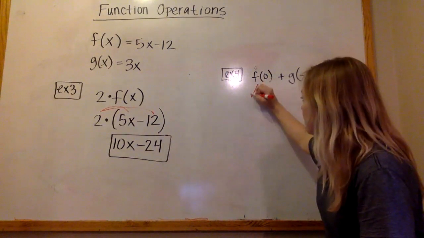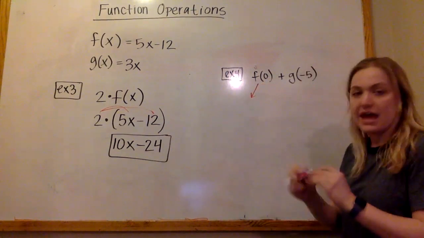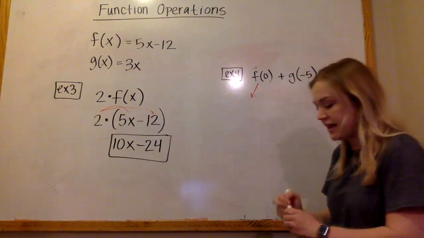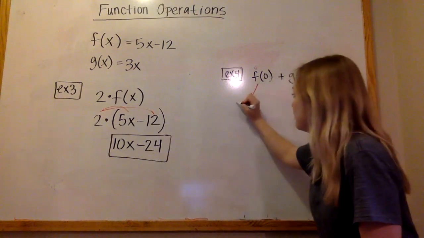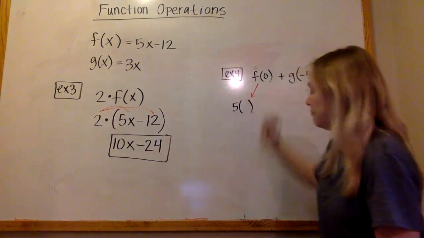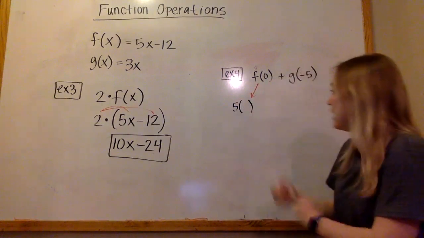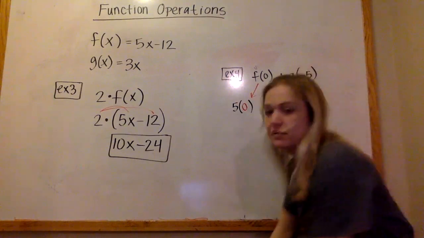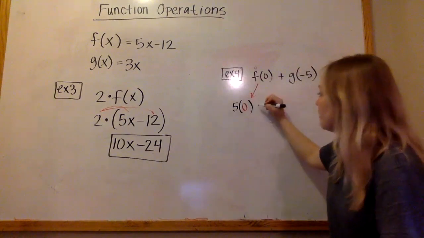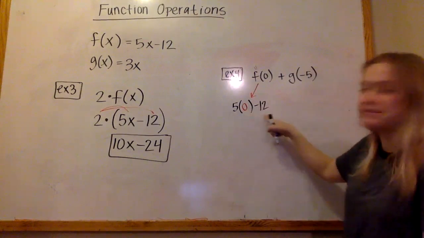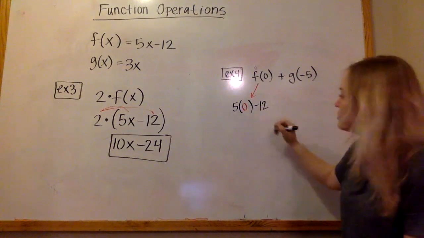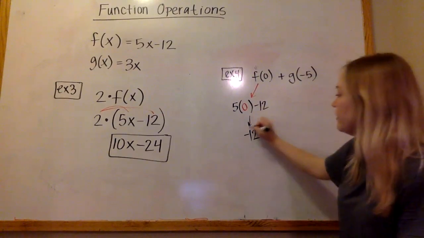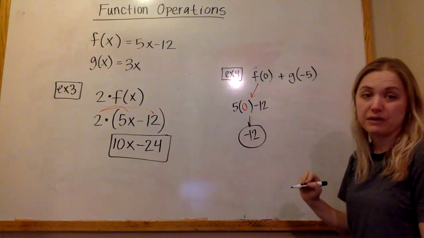I'm going to draw an arrow over here, and f of 0, instead of 5 times x minus 12, that is going to be 5, but instead of times x, I'm multiplying by 0. And then I have my minus 12. Okay, so 5 times 0 is 0, minus 12 is negative 12. All right, so there's my f of 0, is negative 12.